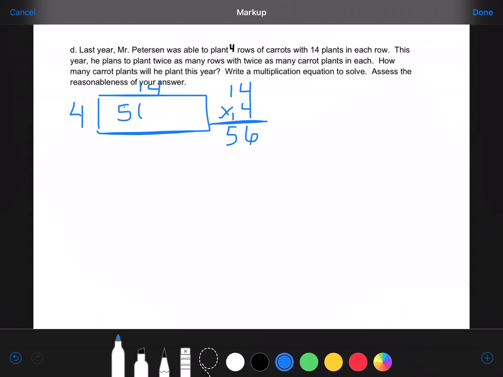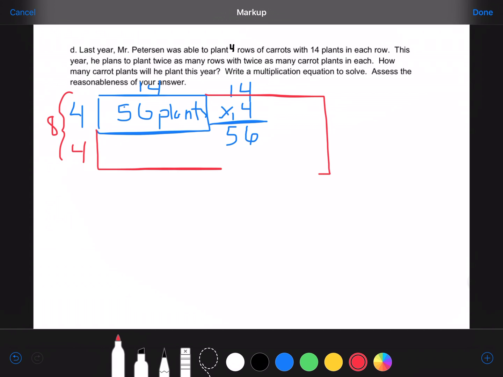So last time he was able to have 56 plants. But this time he wants twice as many rows and twice as many plants in each row. So instead of 4, now he's going to make it 8. And instead of 14, it's going to come out even bigger, so that would be 28 in that part, right?